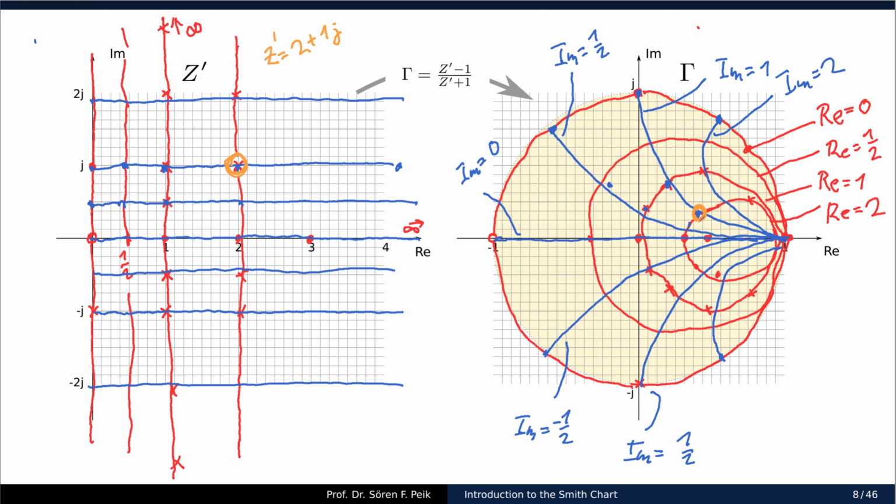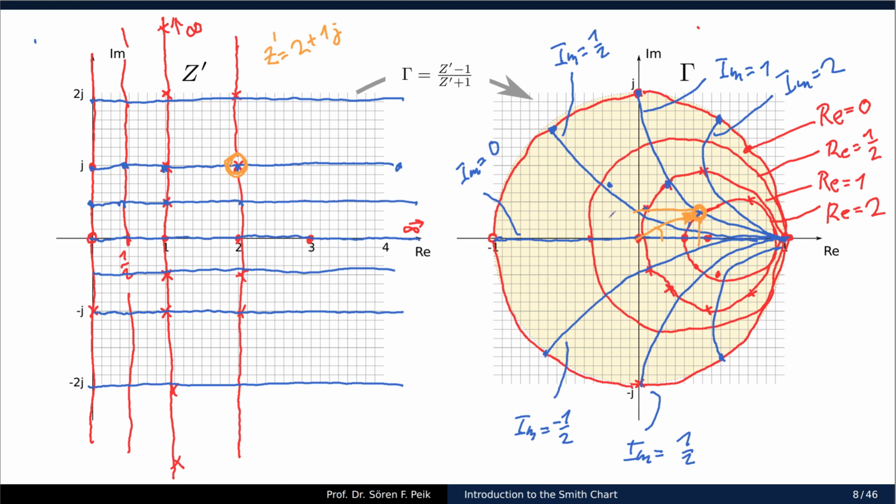Once we found that point in the gamma plane, using our spider grid, we can find the imaginary value and the real value of my gamma. Or, if I like to, I can also draw a little arrow here, and the length of that arrow is my magnitude of gamma, and this angle here is my angle of gamma.